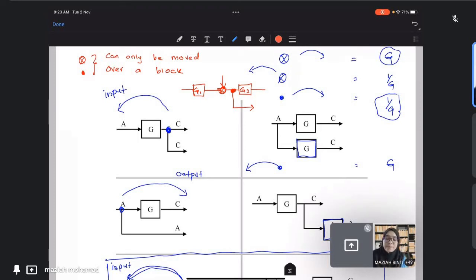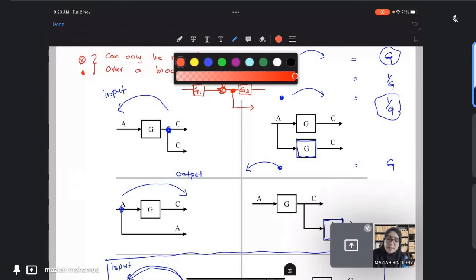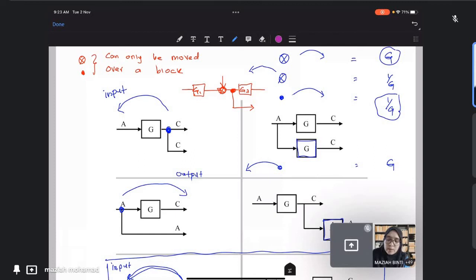So when I said that a summation point and a pick-off point can only be moved over a block, meaning here. Let's consider this summation point here. I said we can move toward the output and toward the input.